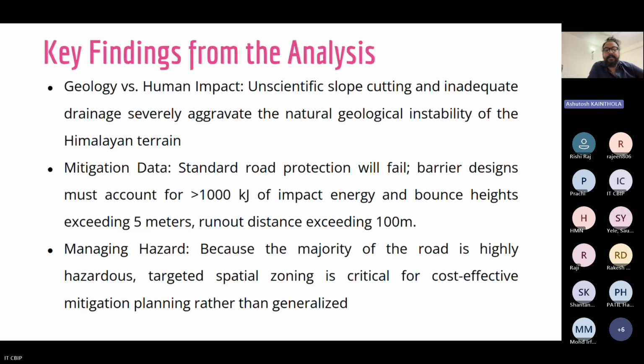Next, please. Yeah. So if you ask me what the key findings of this work are, as was my opening statement, Himalayan rocks are preconditioned, predisposed to undergo structural failure. So it should never be a surprise for us that they'll fail. On the contrary, we need to work on how to assuage the damage, how to minimize the damage.